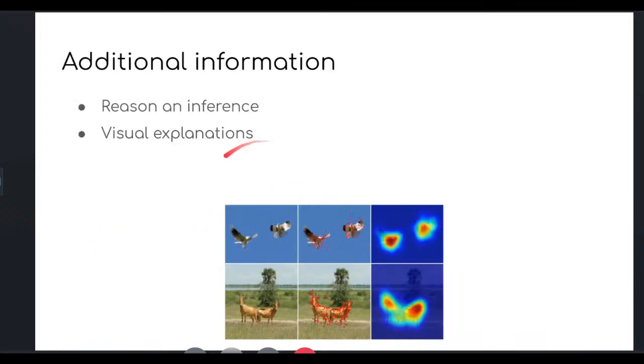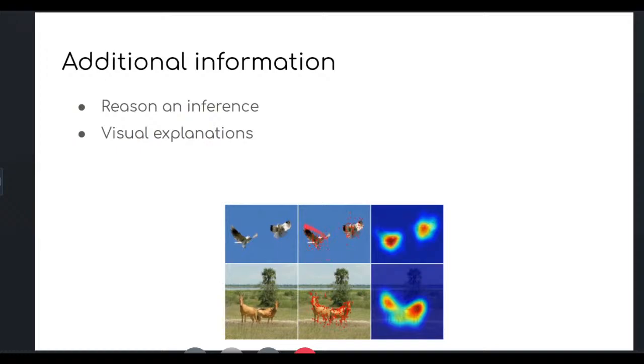Let's say this is the input image. The label predicted is bird. So it is pretty simple, we can understand. But think of a very complex input like a medical diagnosis, where because of some of these regions, it will say there is cancer, there is no cancer, things like that. So if you have the model identifying the pixels which have influenced the model to predict it is a bird, then it is better, right?